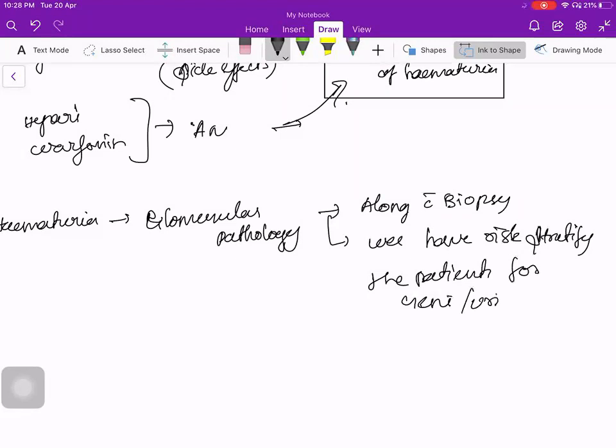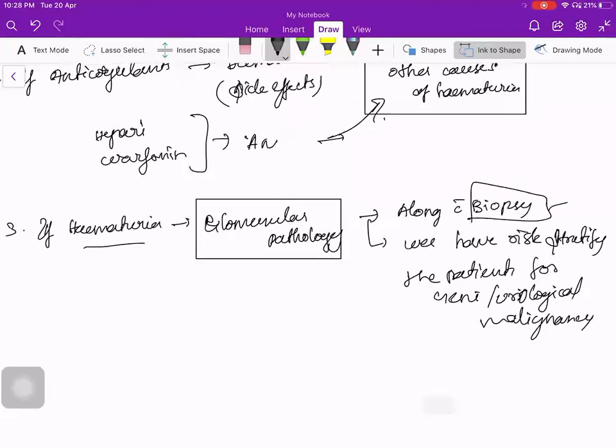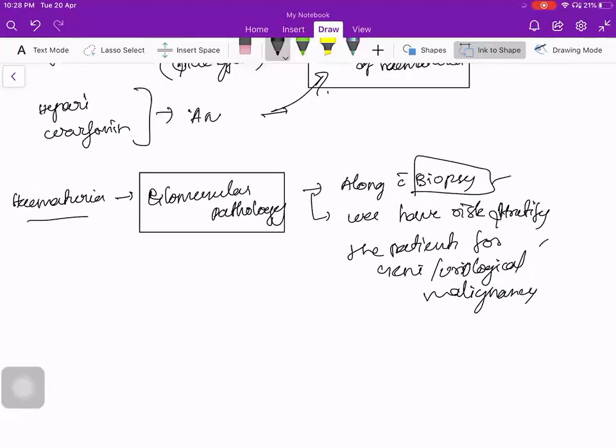We should not forget: if the hematuria is because of glomerular pathology, we should not stop with biopsy alone. We have to work up for urological malignancy also.